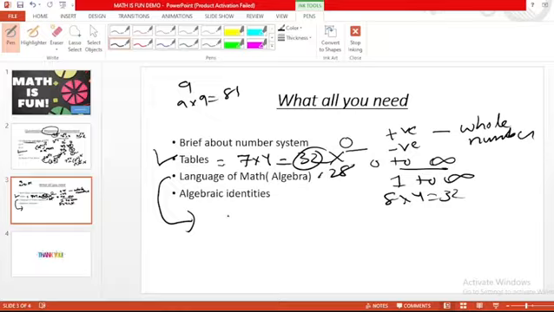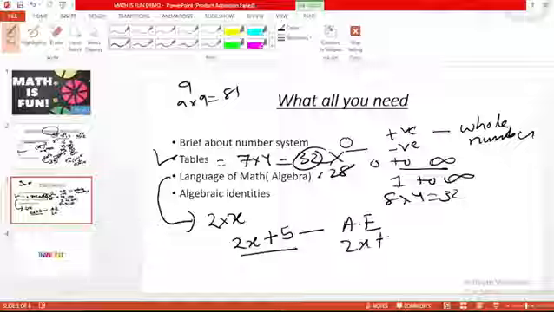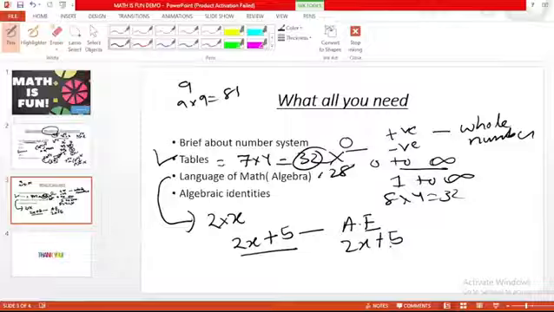See, a number, let the number be Mr. X. Multiplied by 2, it becomes 2 into x, or I write it here 2x. Okay. And add 5 to it. So this is the algebraic expression, or the mathematical expression, of a number multiplied by 2 and 5 added to it. Now, if we equate and say that a number multiplied by 2 and 5 added to it gives you 12, what is this?